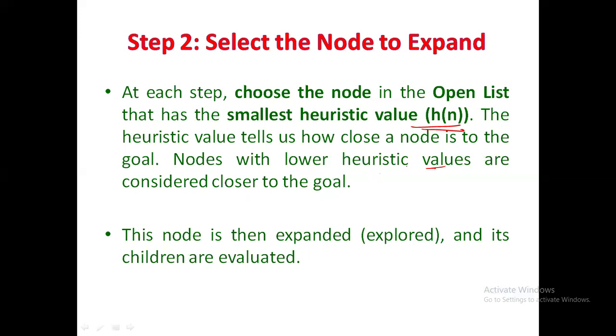In greedy best first search, the node with the smallest heuristic value is chosen, as it is assumed to be the closest to the goal. By always selecting the node that seems nearest to the goal, greedy best first search tries to prioritize paths that will likely lead to the goal more quickly. Once a node is selected, it is expanded by evaluating its neighbors or children, which are then added to the open list for further exploration.